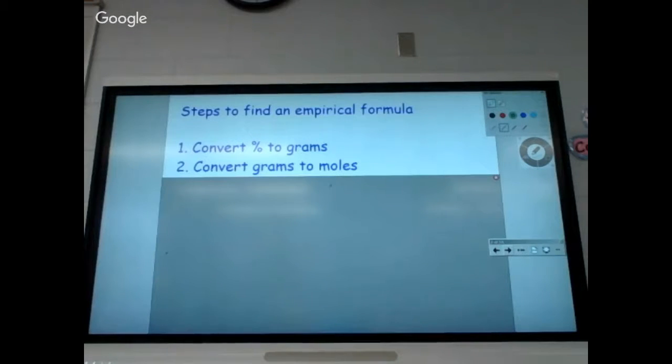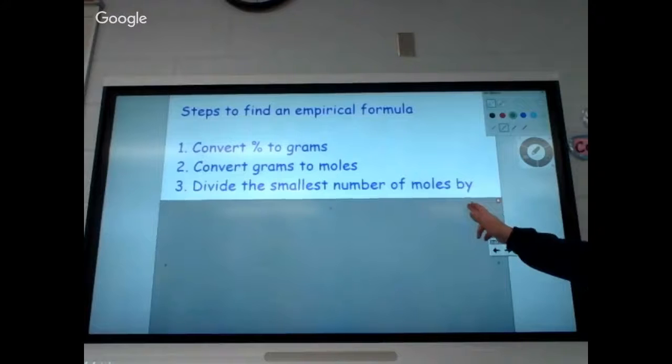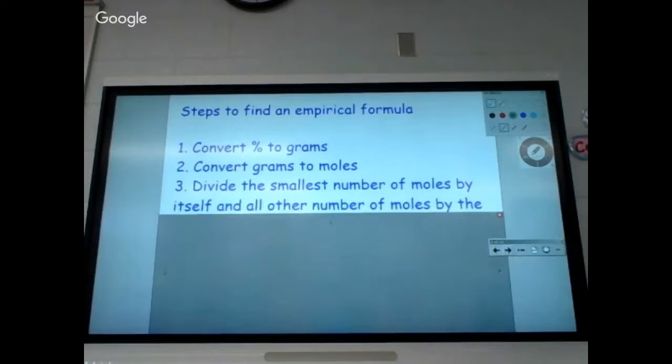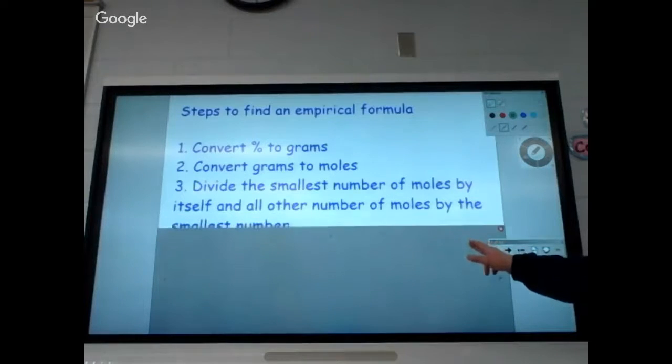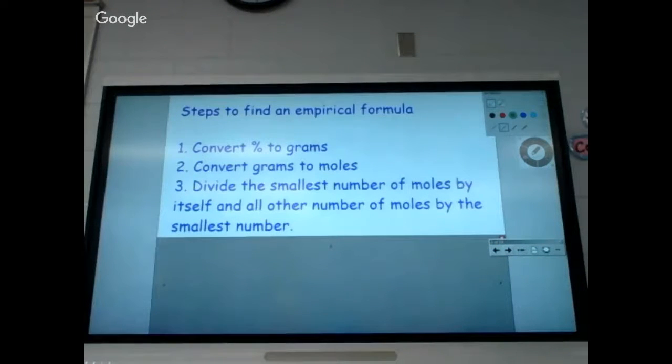Now, step 3 is a little wordy, but it makes complete sense once we work it, because it's just like something you do in math class. We're going to divide the smallest number of moles by itself. Okay? Now, if we divide the smallest number of moles by itself, then we have to divide all the other numbers of moles by that smallest number. So in math class, if you divide by 3 on the left, what do you have to do on the right? Divide by 3.